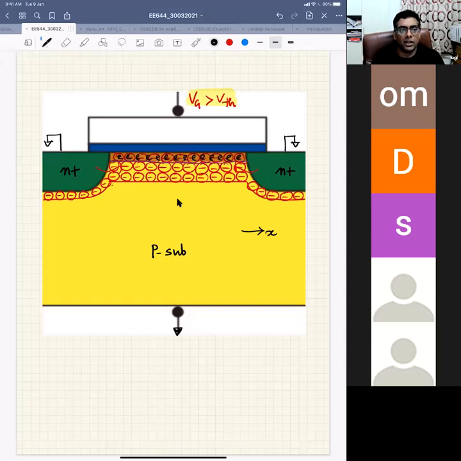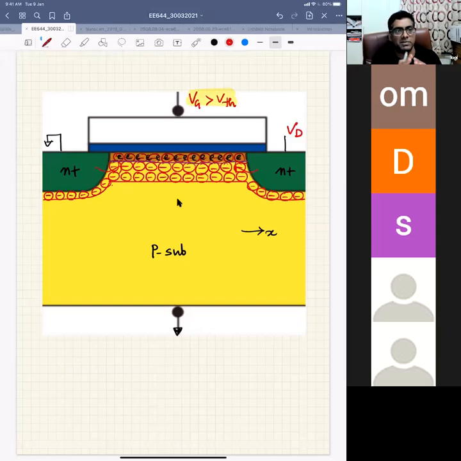Then if you apply a voltage difference between source and drain, let's say I apply a voltage VD here, these electrons will move from source towards drain because they slowly drift. If you go on increasing your VD, electrons will drift because there is an electric field, and you'll get a current from drain to source. So that is in inversion.